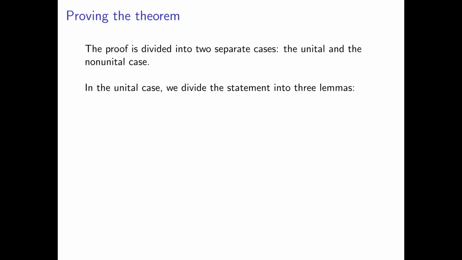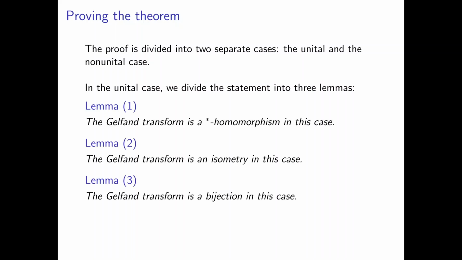We begin with the first lemma, which states that the Gelfand transform is a star homomorphism in this case, the second one stating that it is an isometry, and the third that states that it's a bijection. And then once we have proven the statement in the unital case, we treat the non-unital case, and that one is resolved by considering the unitization. So let's get straight to proving this theorem, beginning with lemma 1 and then going forward.